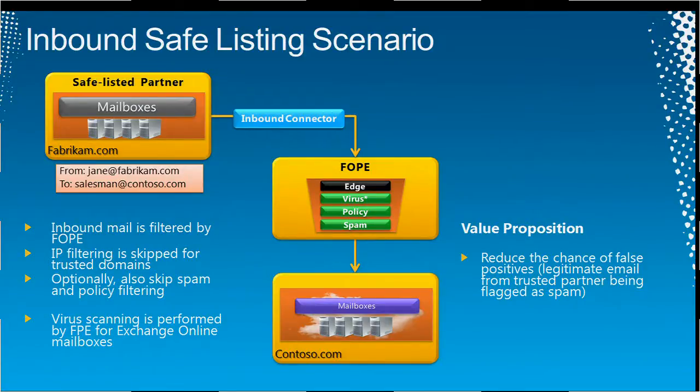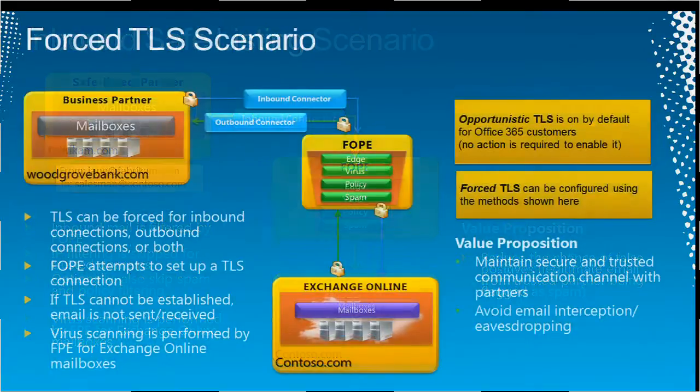Yes, we don't. The virus filtering for Exchange Online happens on-prem, in the Forefront Protection for Exchange running on-prem servers in Exchange. So, the forced TLS scenario, the first one in the earlier slide, is a banking scenario where Contoso and Woodgrove Bank do high business impact transactions, and they want it to be over a forced TLS connection.